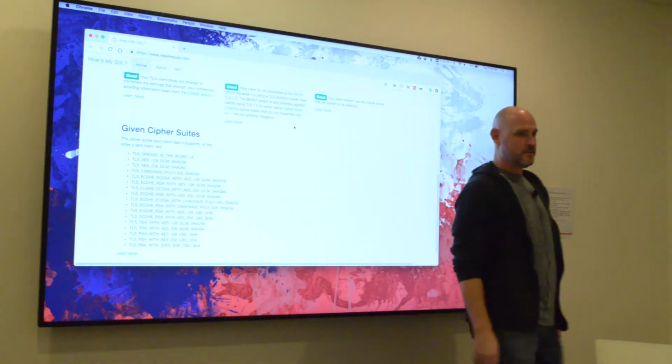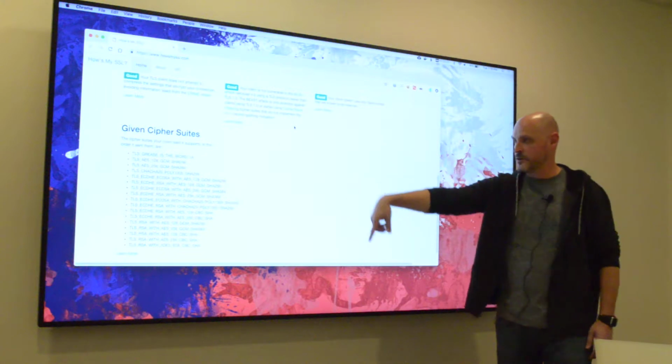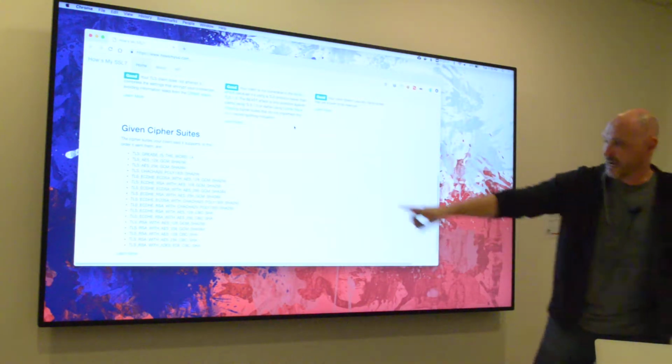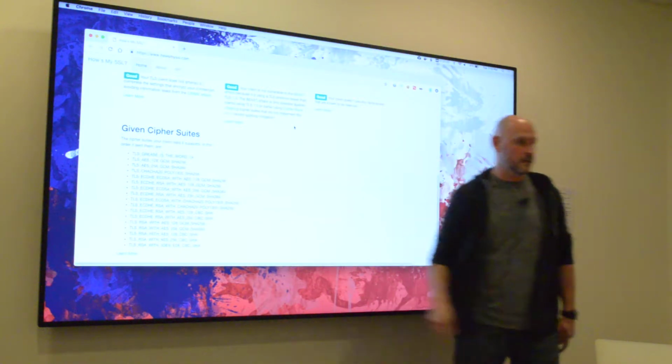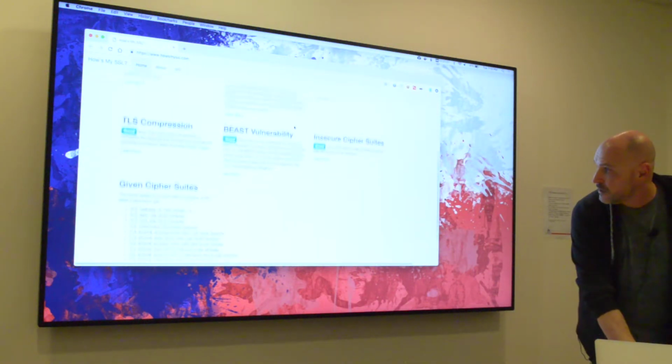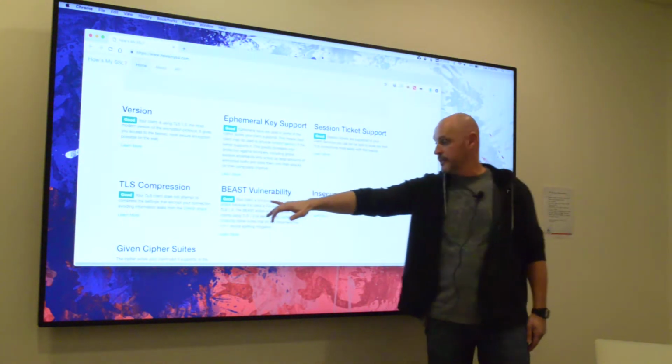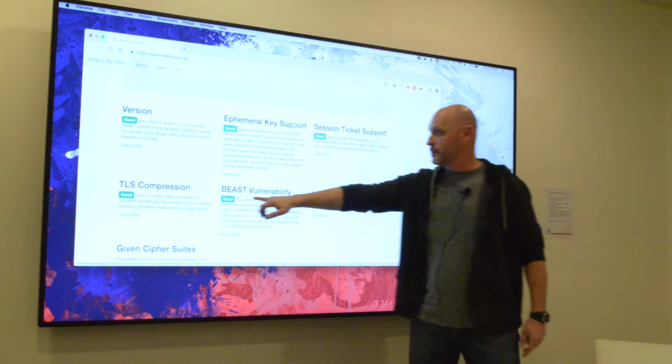You can start seeing these protocols and the different ones. It's saying they're good. This is what my client says it supports, so there's nothing in here that says it's bad. BEAST is another vulnerability, and it's saying it's good, it's not there.